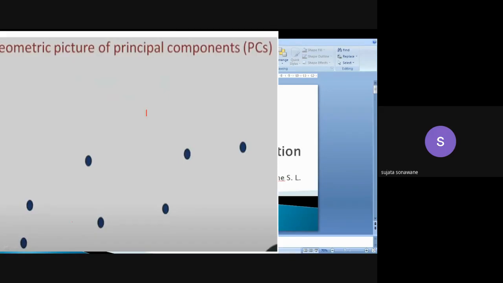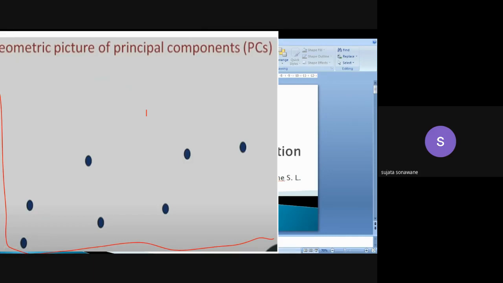So consider that this is your x-axis and this is your y-axis. Within the two-dimensional feature space, you have plotted all these instances, all these points.